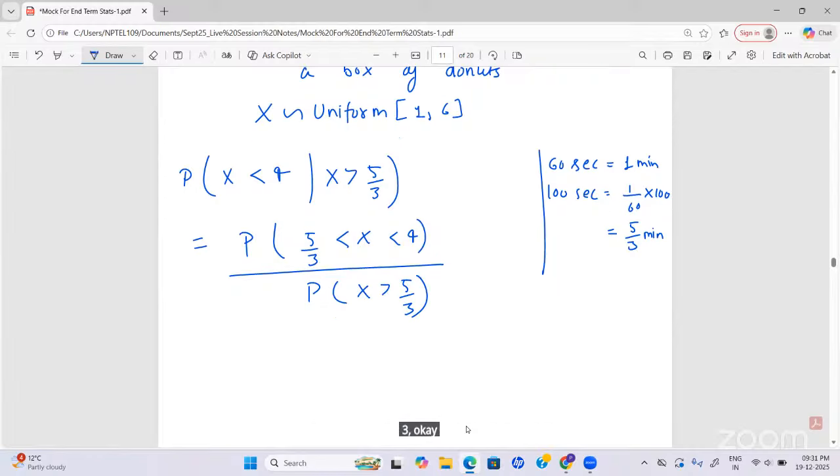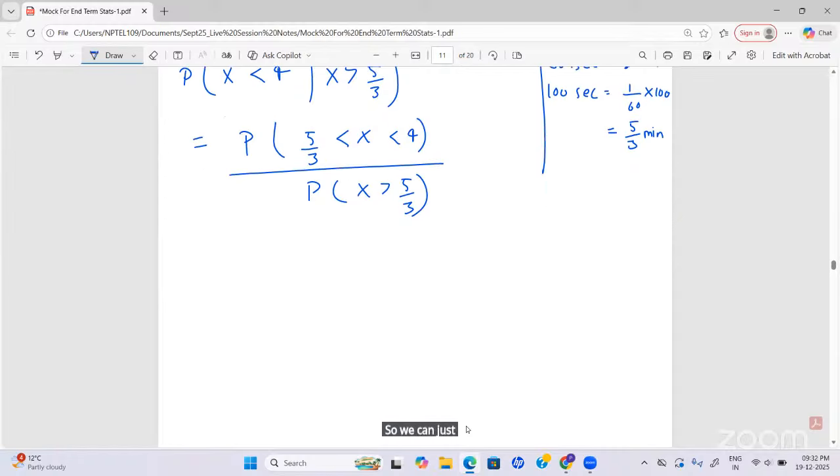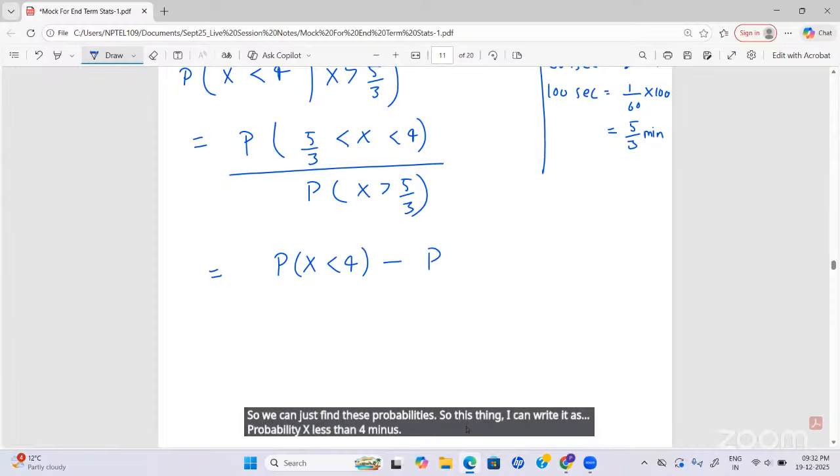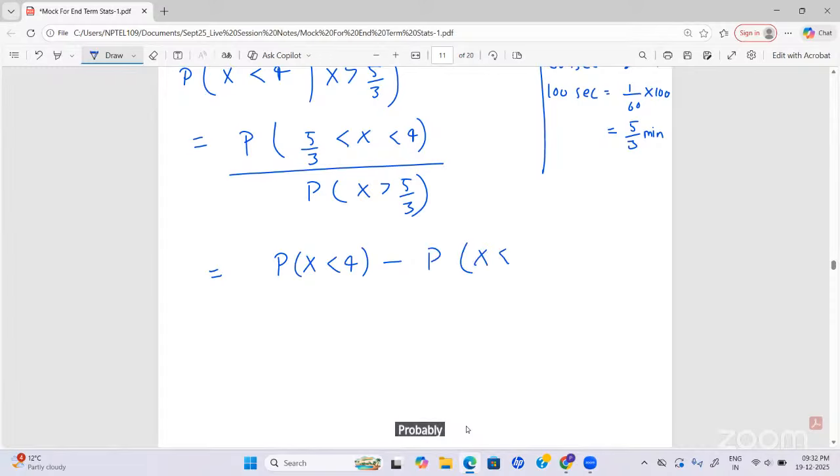Okay, so the distribution of x is given, it is uniform. So we can just find these probabilities. I can write this as probability x less than 4 minus probability x less than 5 by 3. Can we write it like this or not? Yes, it is the property.